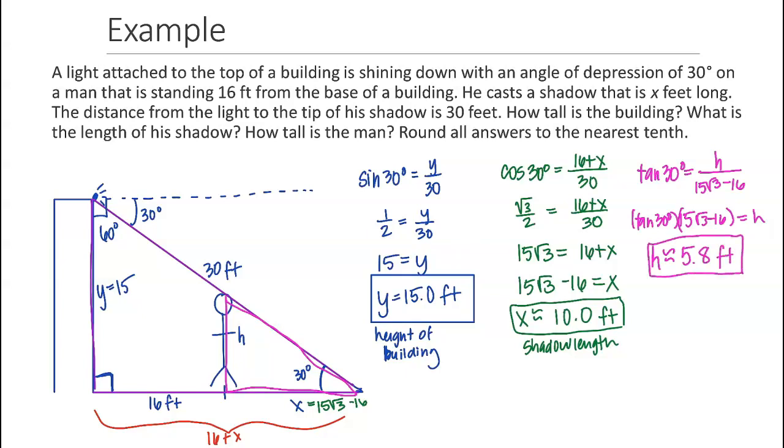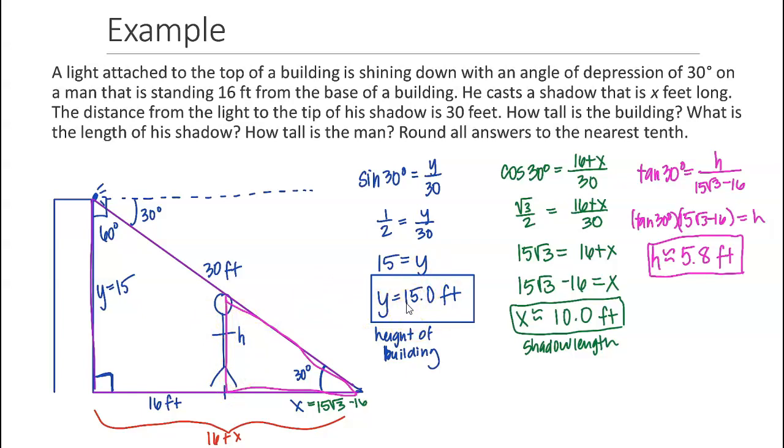feet. Again, all these distances are in feet. We were not solving for angles, we were solving for side lengths. And we want to make sure that our answers make sense in the context of the problem. In a problem like this, we have a general number sense: the height of a man could be about 5.8 feet. That's a logical height. We wouldn't want to get that the height of the man was 15 feet.